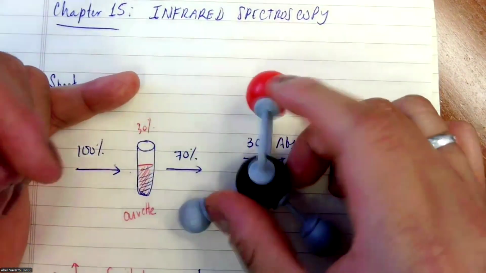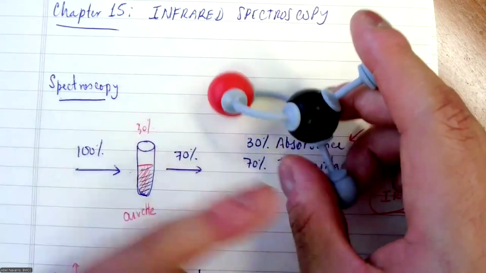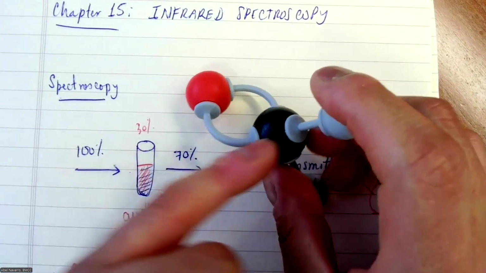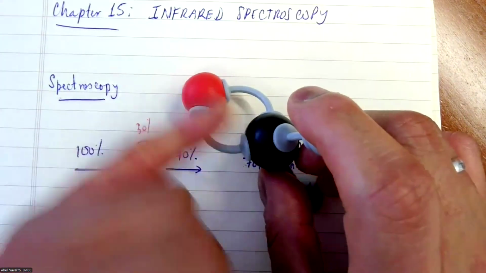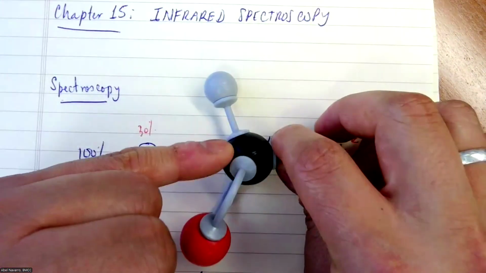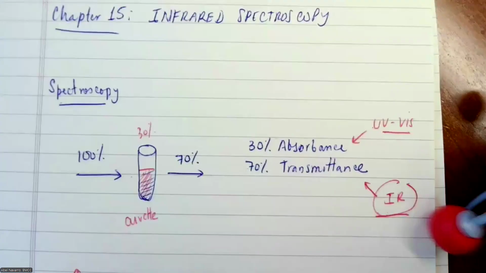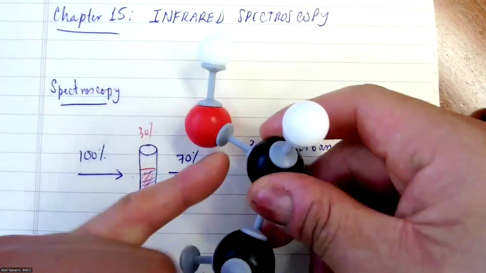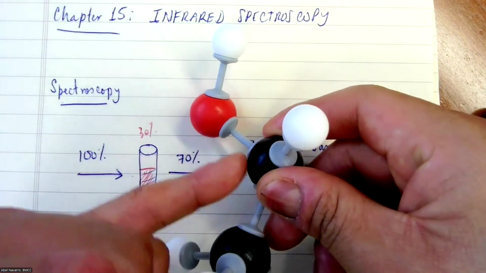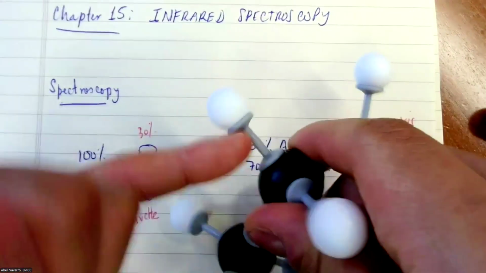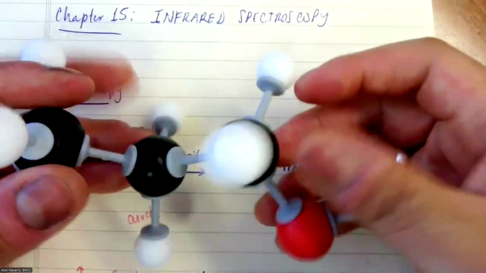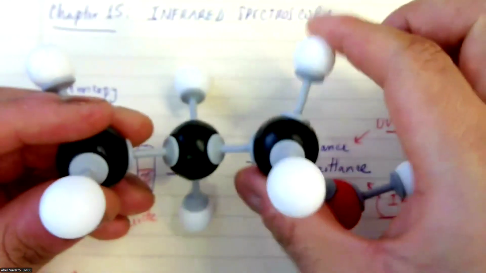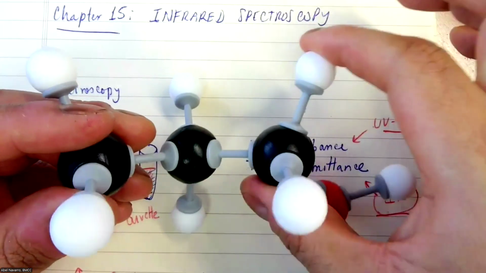In infrared, you are not going to see the oxygen, you're not going to see the carbon. What you will see is the COO bond. You will see the CH bond. Here you will see the OH bond. Here you will see the CO bond. Here you will see the CH bond. So it's clear that in infrared you see the bonds of a particular molecule.